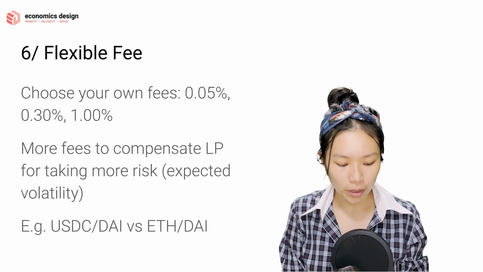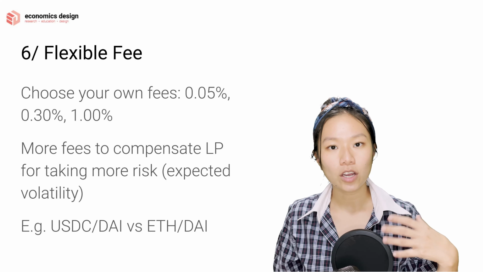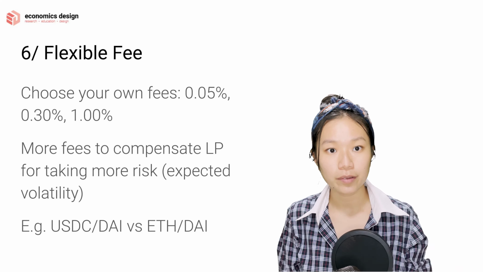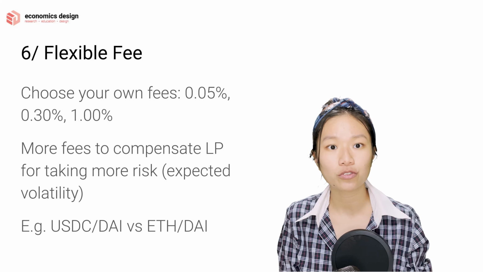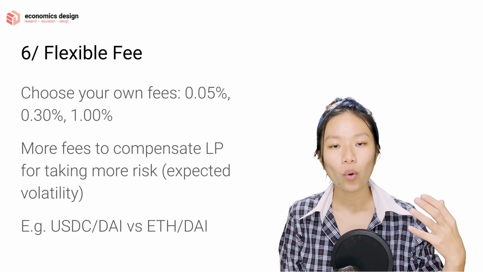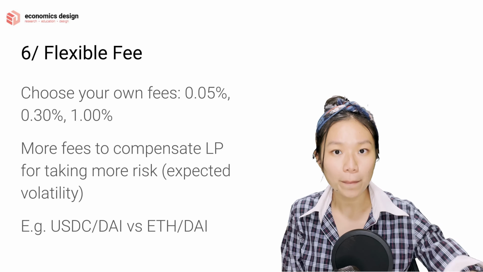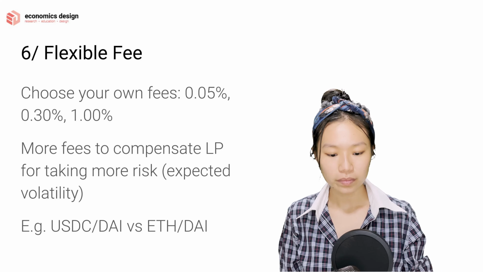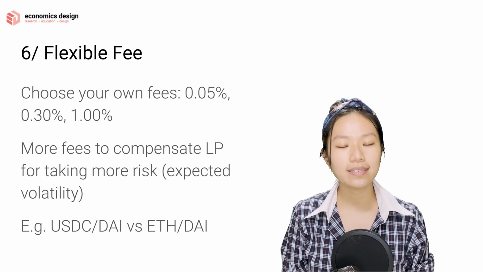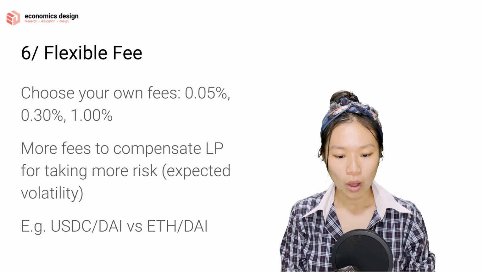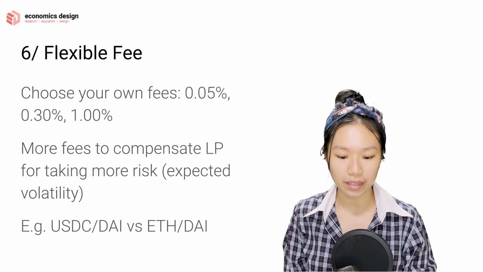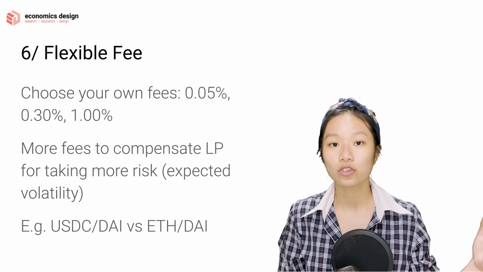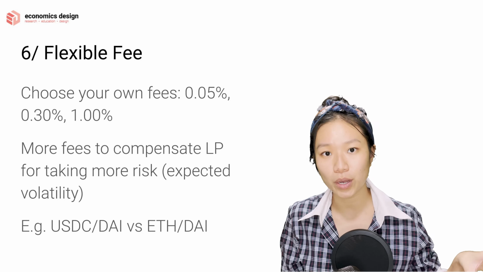This is good because you're compensating the LP for taking risk. Also, when it's more volatile, your impermanent loss risk is also higher, and that's where you want to compensate them for taking that risk. For example, the USDC versus DAI pool will have a much lower risk because it's not that volatile, versus the ETH and DAI pool, because ETH could be quite volatile.